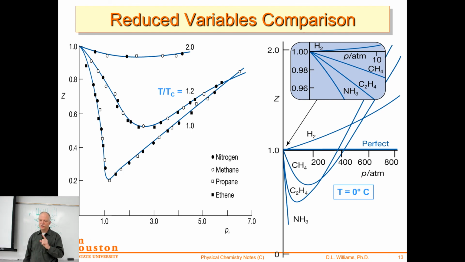That's the compression factor on the left and unitless pressure on the x-axis. And all of these gases, so this would be for the reduced temperature of 1, so that's at the critical temperature, all of these squares, open squares, circles, and open circles fall on the same line, and that's nitrogen, methane, propane, and ethene, all behaving exactly the same.